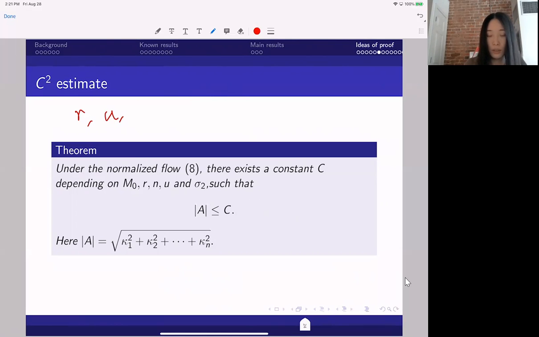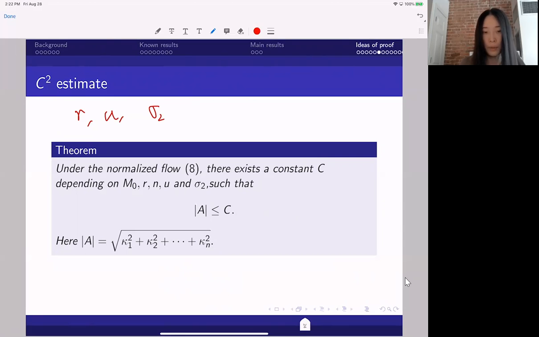And then there's another lemma, which says that sigma 2 is bounded from above and below, which I didn't mention because of time, because the estimate of sigma 2 is very similar to this C2 estimate, but the process is much simpler. However, the idea is very similar.